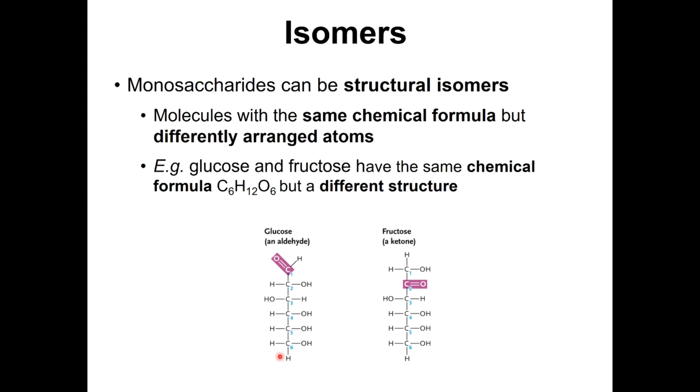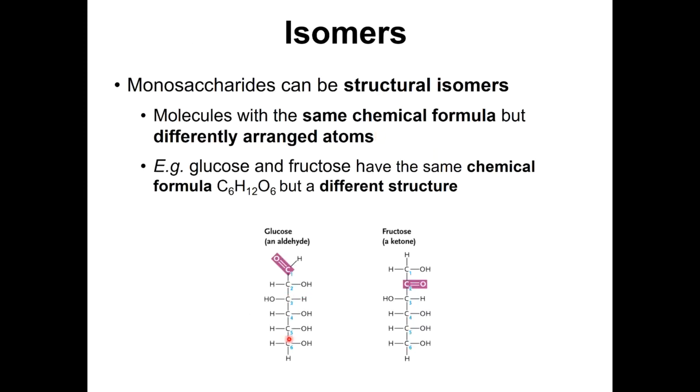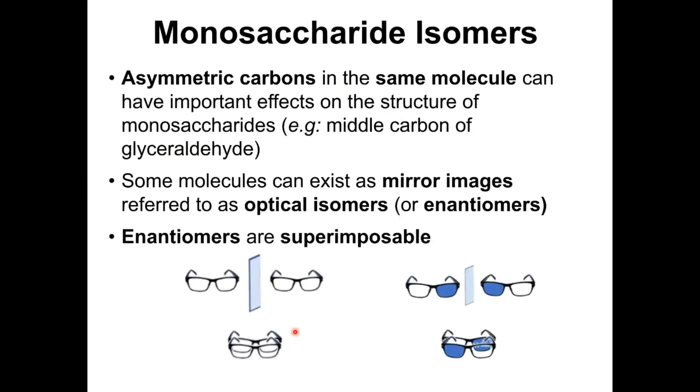Now, even within the same type of molecule, you may have different versions. In this case, we're talking about optical isomers. Each of these carbons, because of the angles involved, can have some of the elements put in different orientations.